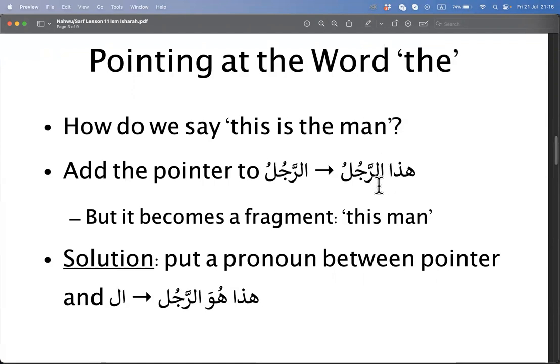Fragment, not a sentence. So it becomes "this man," not "this is the man." Now the problem is that we want to make a sentence, but we can't because it becomes a fragment. So what to do?